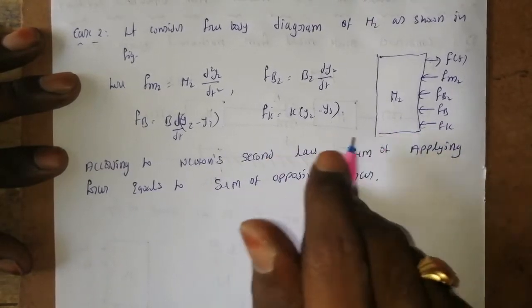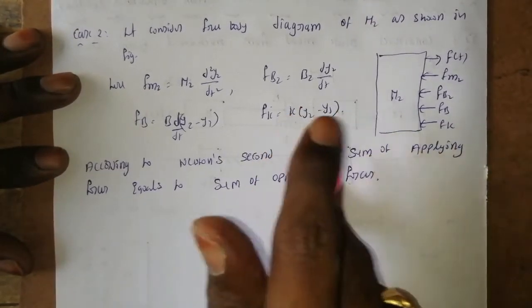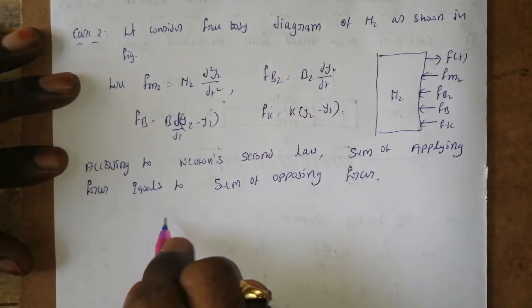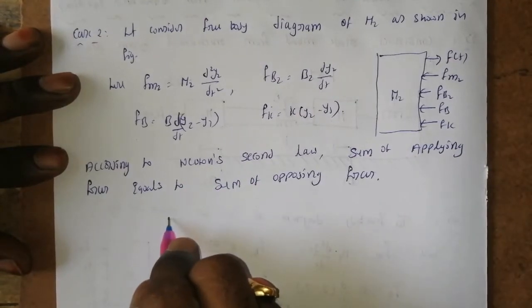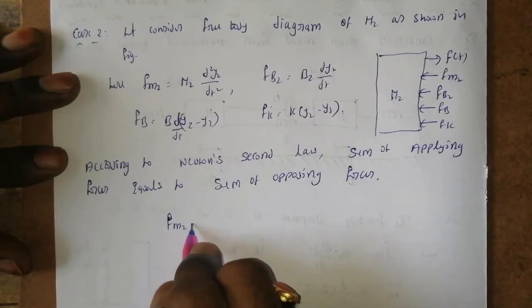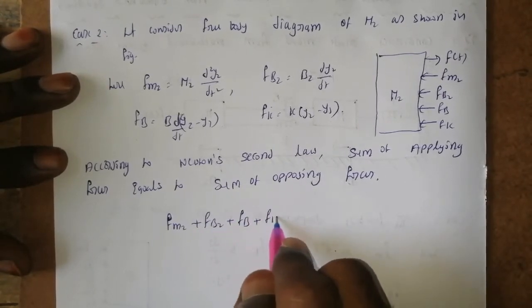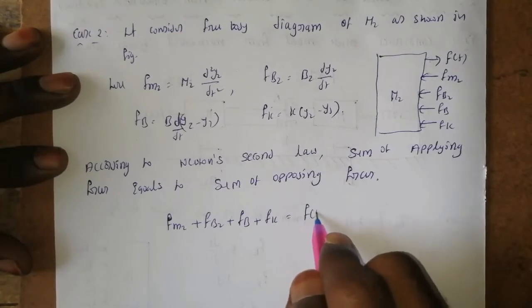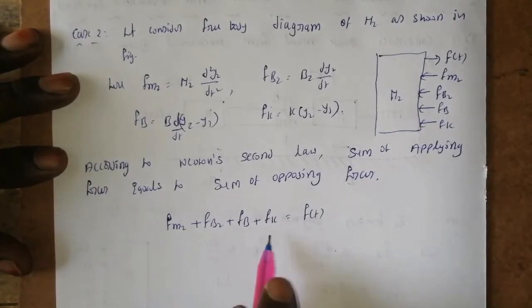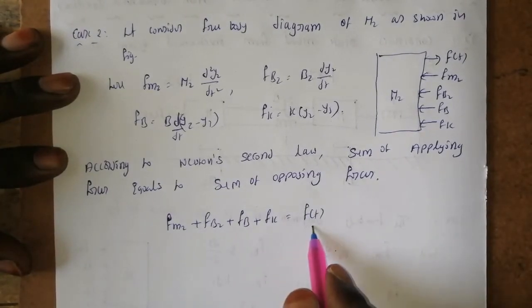This is the condition for Newton's second law. From this condition we can formulate the equation: the opposing forces fm2, fb2, fb, fk equal f of t. So these four elements are opposing forces and f of t is the applied force.